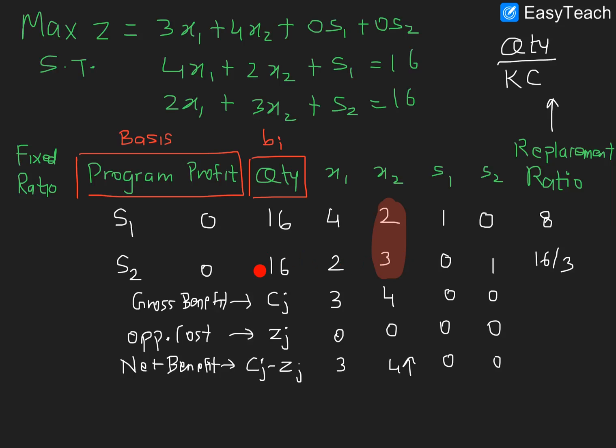Well, the availability is only 16, so I cannot go for selecting 8 as my choice, because if I go for producing 8 units of X2, I don't have that much labor force. But definitely I do have raw material for 16 by 3 units of X2.